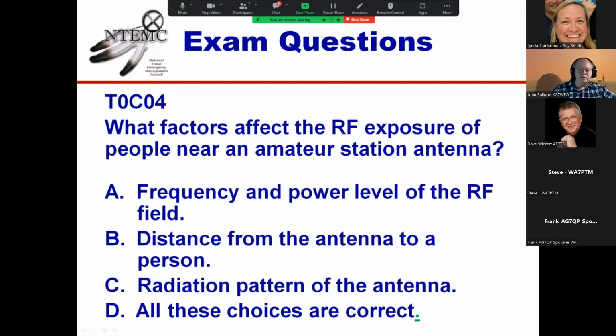But also the radiation pattern of an antenna is important. Remember, we talked about beam antennas and omnidirectional antennas. A beam antenna focuses energy in one direction. So if you're in the beam of that antenna, you're going to get more exposure than if you're in one of the null areas. So the radiation pattern also affects the exposure that one would have near an antenna.